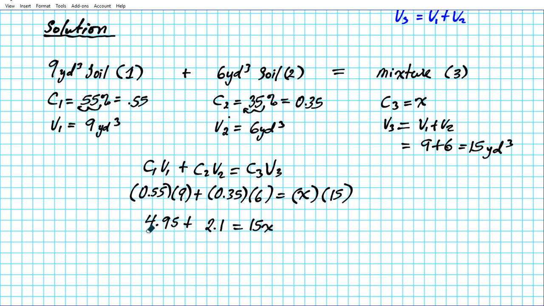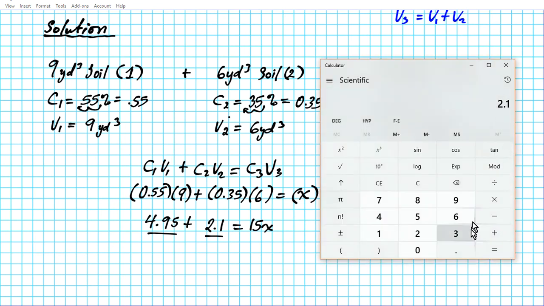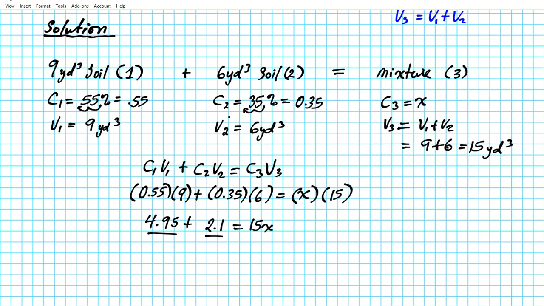Now these two, 4.95 and 2.1, are both constants that we can combine. So 2.1 plus 4.95 yields 7.05. So 7.05 equals 15x.